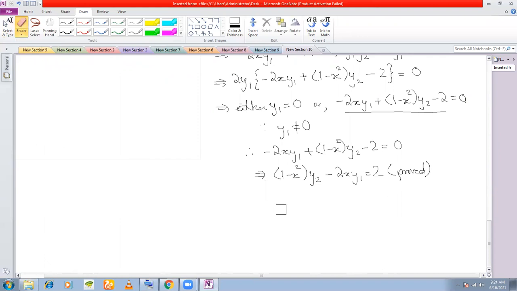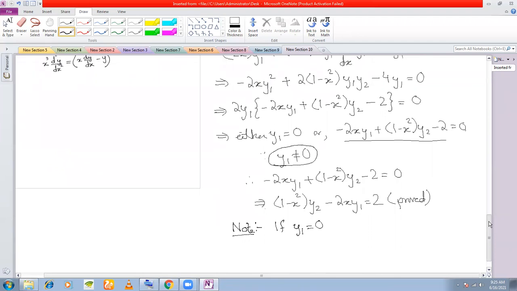Tanisha, can you tell me why y1 is not equal to 0? Yes, sir. If y1 is equal to 0, then y2 will also become 0, no? There is no differentiation for y is equal to 0.